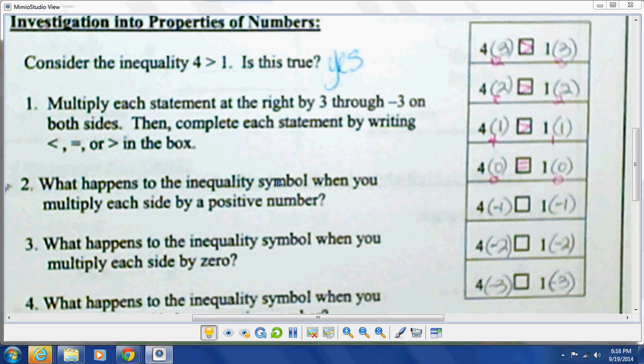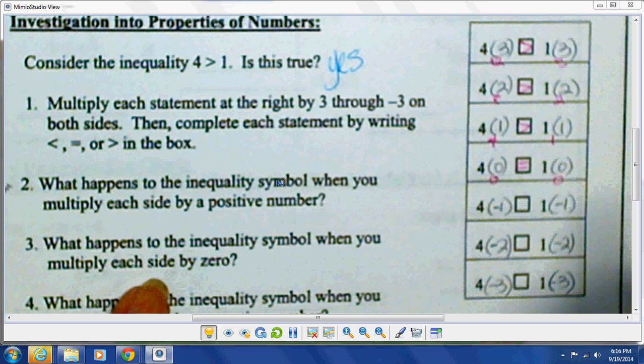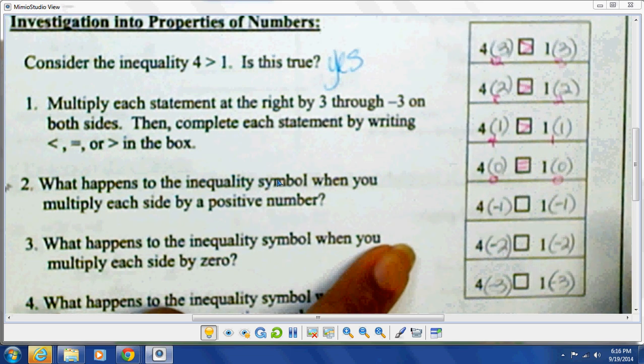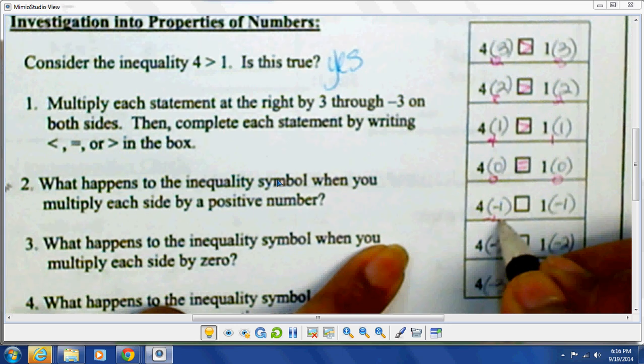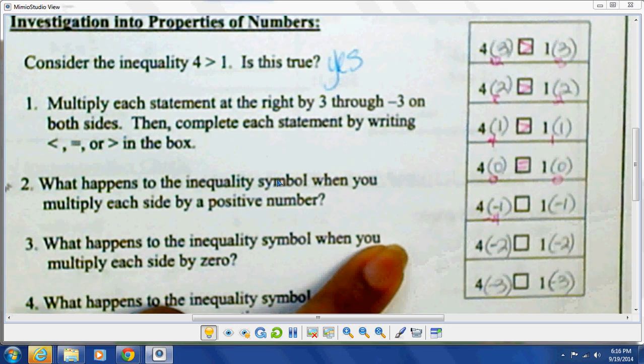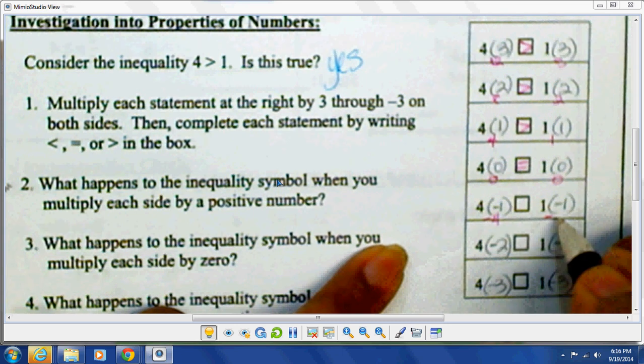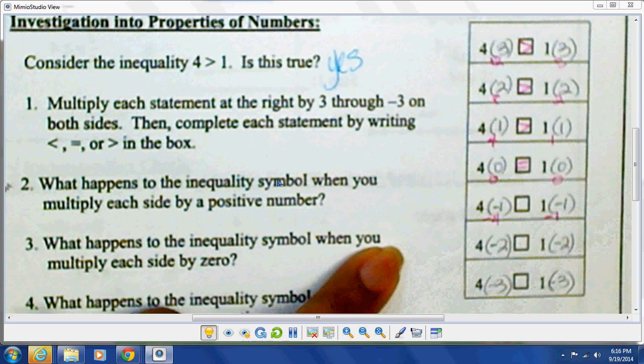Pretty sure some of y'all are ready to keep writing greater than in there. You just were on a roll. Slow your roll. Okay, 4 times negative 1 is negative 4. 1 times negative 1 is negative 1. So are we going to have less than, equal to, or greater than? Keep in mind that we have negative numbers, and negatives are opposite of your positives.